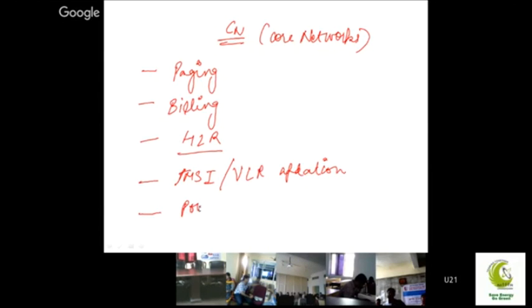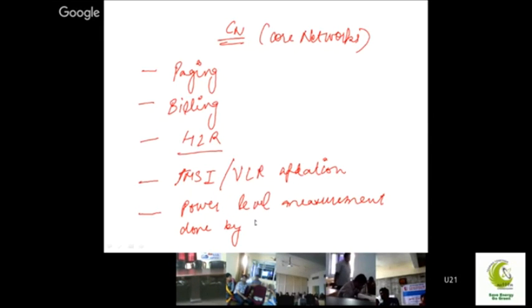Next, there is also power level measurement done by the core networks. The power level measurement is done regarding the RNCs, because RNCs are governed by the CN, as core networks are the higher governing body.